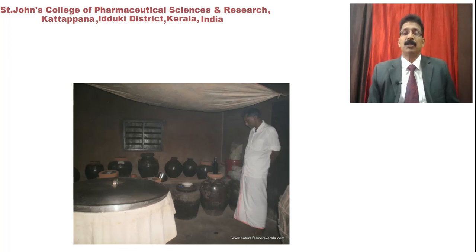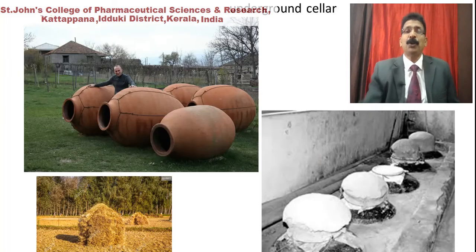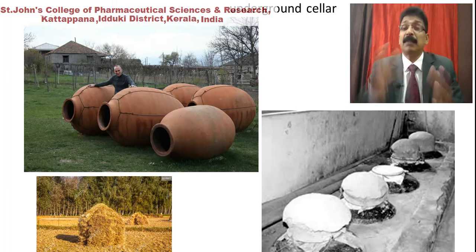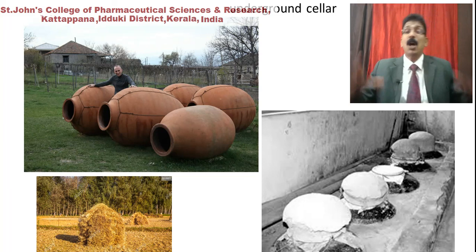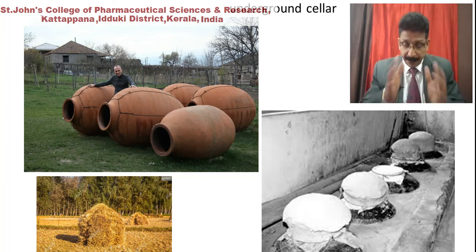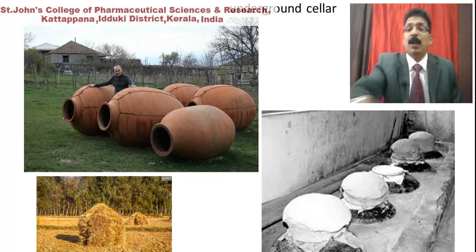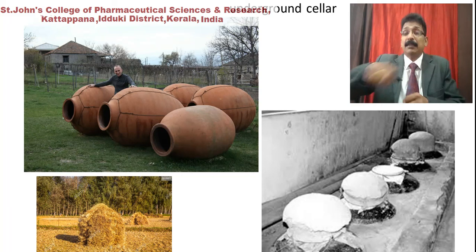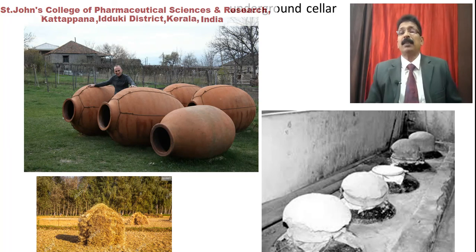So this is one picture to show you, and this is an underground cellar. We have told you sometimes it is underground. You can see how a lengthy pot can be kept underground, as we have shown in the picture, and tied with cloth, and even clay or jute can be used for tying and closing them.